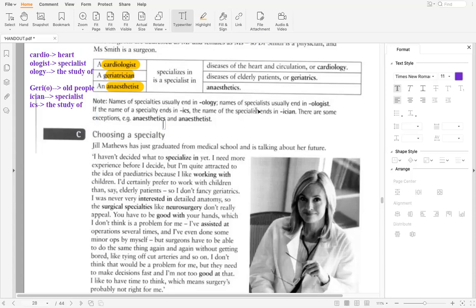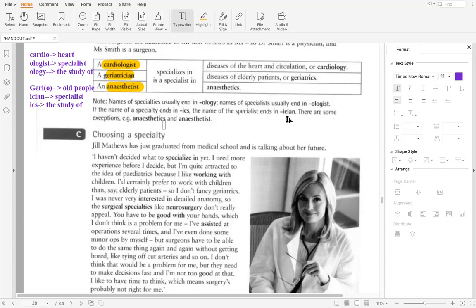Names of specialists usually end in ologist, like as we said, cardiology and cardiologist. If the name of a specialty ends in ics, like in geriatrics, the name of the specialist ends in ian, like geriatrician.